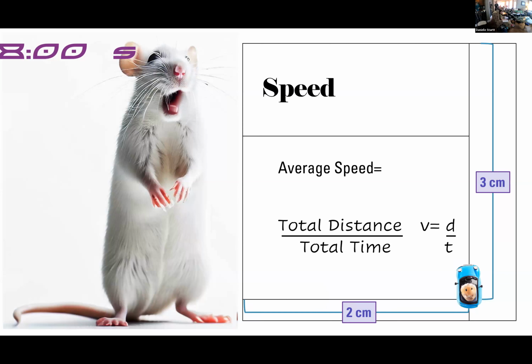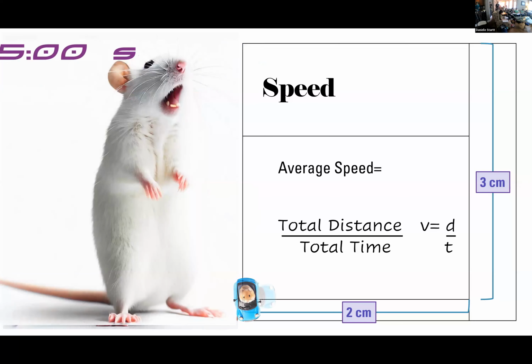Here he goes again. That was 5 seconds. That was 3 seconds. She was so worried. When you ask AI to make a cute, white, photorealistic rat look shocked, it comes up with some very interesting things. So there she is.